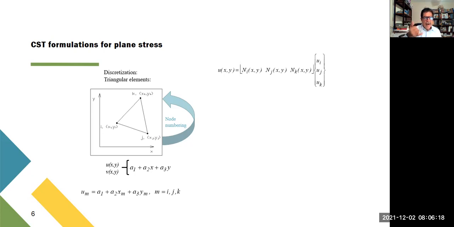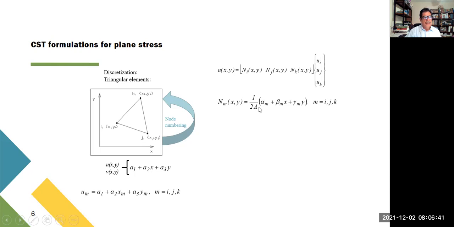After we find A1, A2, and A3, replace, rearrange, and we put it in this way. Now, every one of these functions, Ni, Nj, Nk, has this form. I made a mistake here.